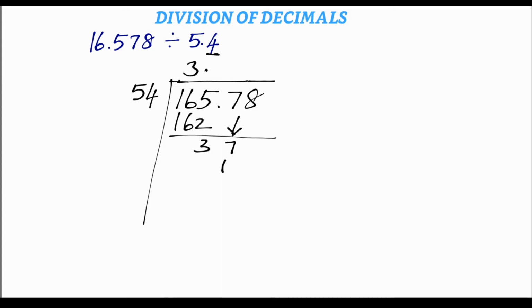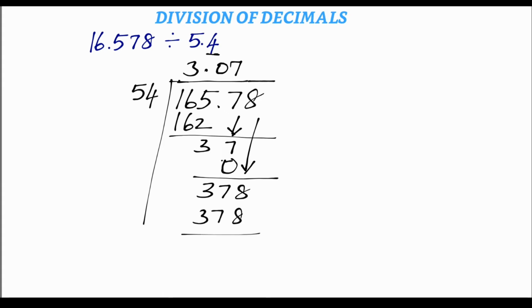So we put 0 here and add 0 to the quotient. Then I'm going to take 7, 8 down. So 378, and 54 7s will be 378 and it goes to 0. So it will be minus here, right? Okay. So the quotient is 3.07.